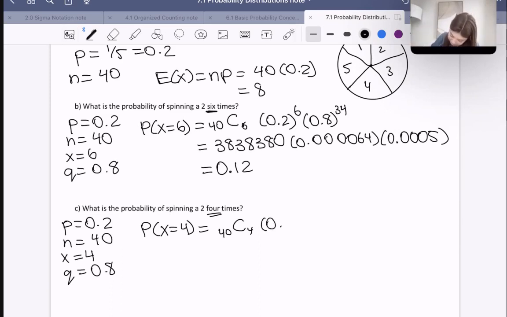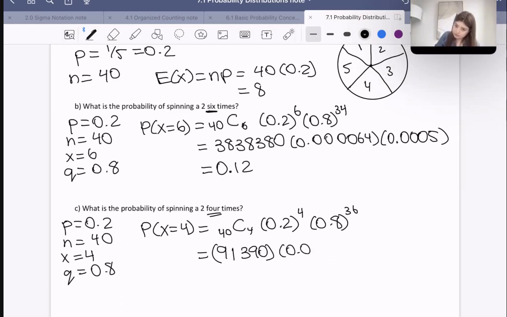And then 0.2 to the power of 4, right? This time we just need 4 successes. So for the thing that occurs only 20% of the time, we need that thing to occur 4 times. And we need the other thing, the failure that has an 80% chance of happening, to occur the other 36 times. So then we'll solve the same way as before.